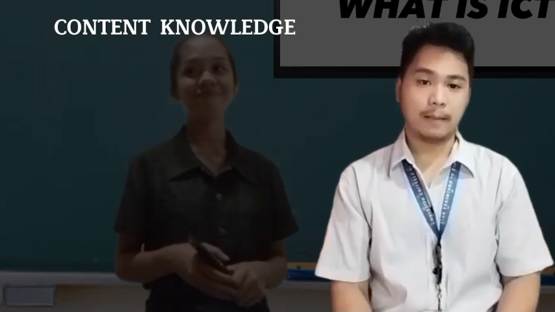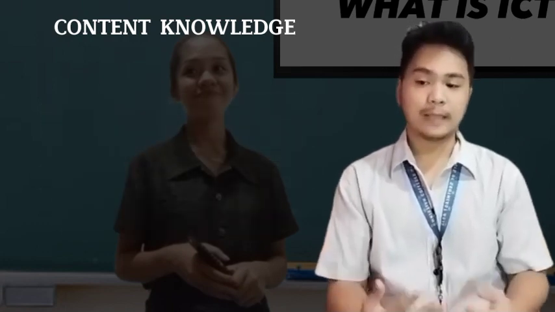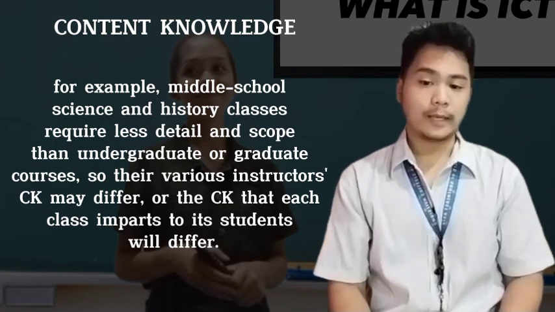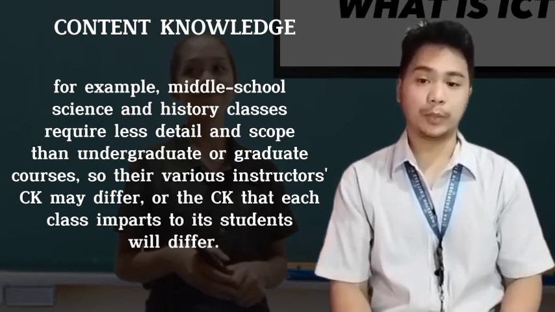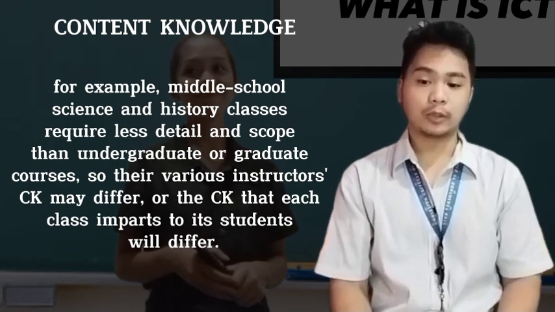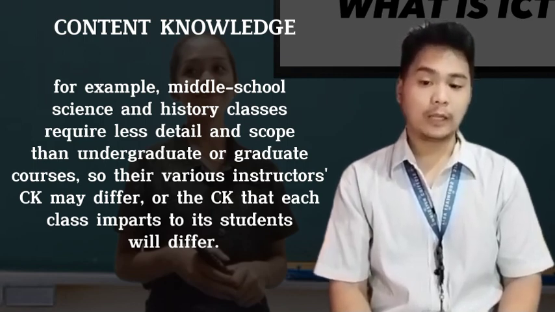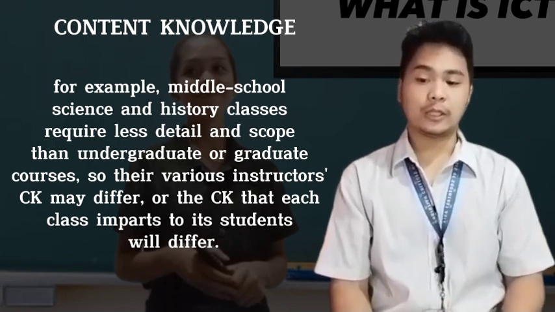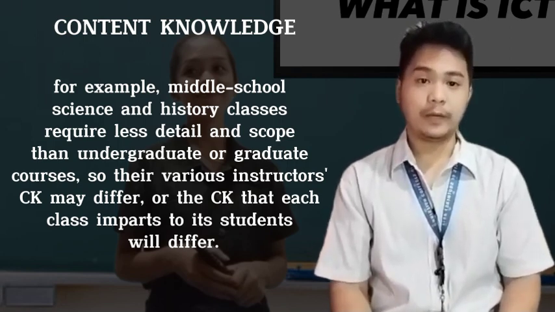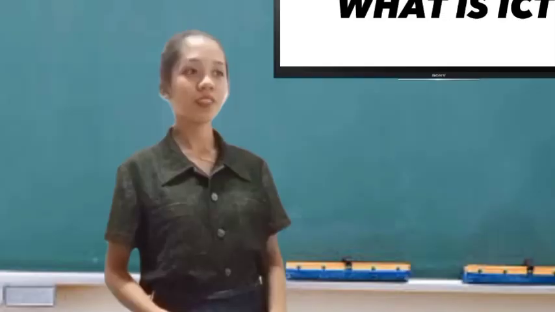And that scene is an example of CK or content knowledge. For example, middle school science and history classes require less detail and scope than undergraduate or graduate courses. So the various instructors of content knowledge may differ, or the CK that each class imparts to its students will differ from each other.